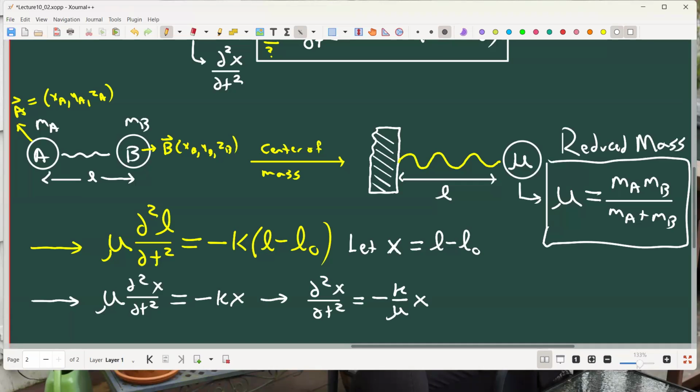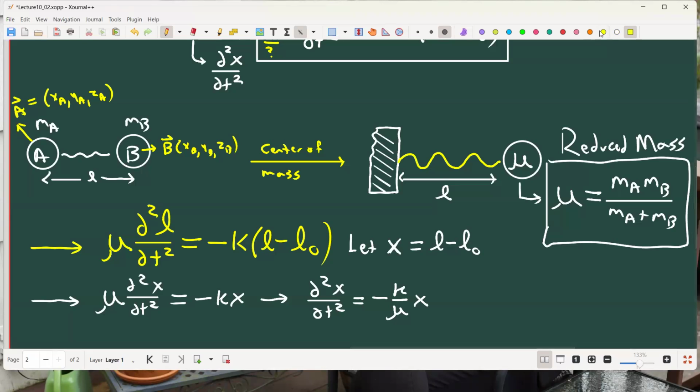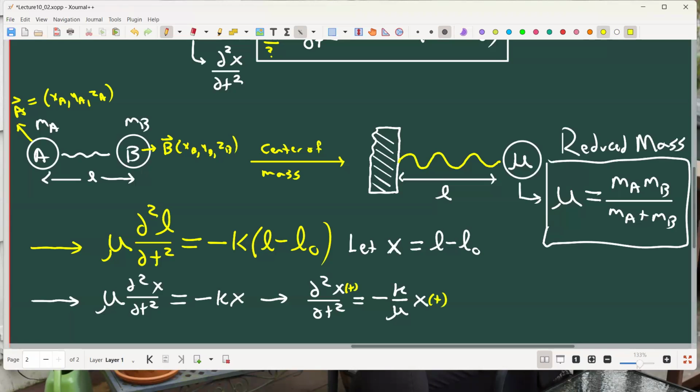So x is again the position of this test atom, this imaginary atom at the center of the reduced mass, as a function of time. It's some function that explains how this particle moves at some distance as a function of time. And what this is saying is that when I take the second derivative of this function with respect to time, I get the function back times some numbers.